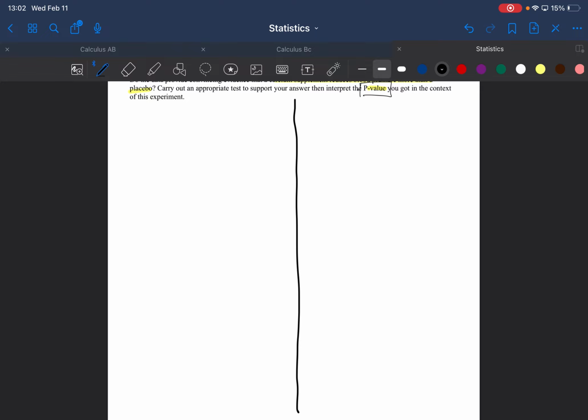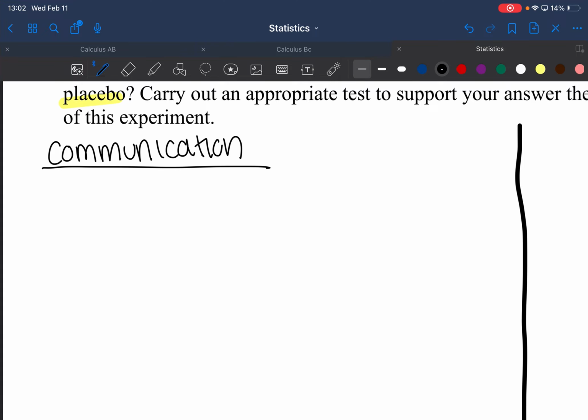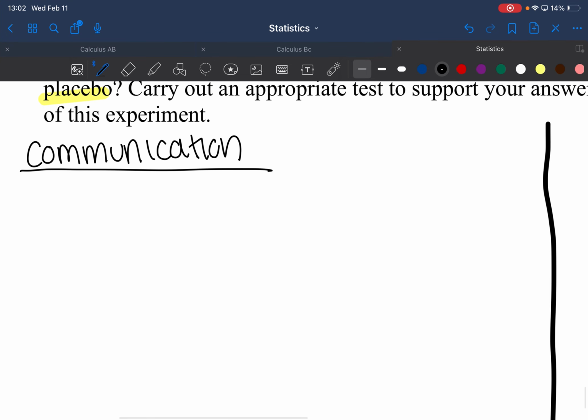Okay, then we need our means, so x bar p and x bar c. Okay, how do we find those? On Desmos. So go ahead and go on Desmos and do the mean function for c and then the mean function for p. Okay, what else do we need to do on Desmos?